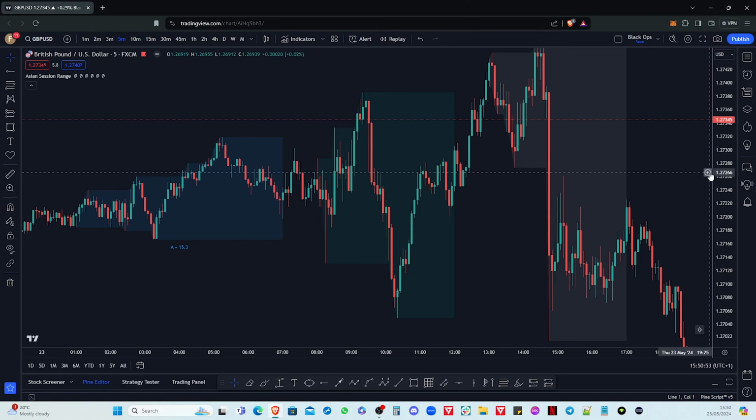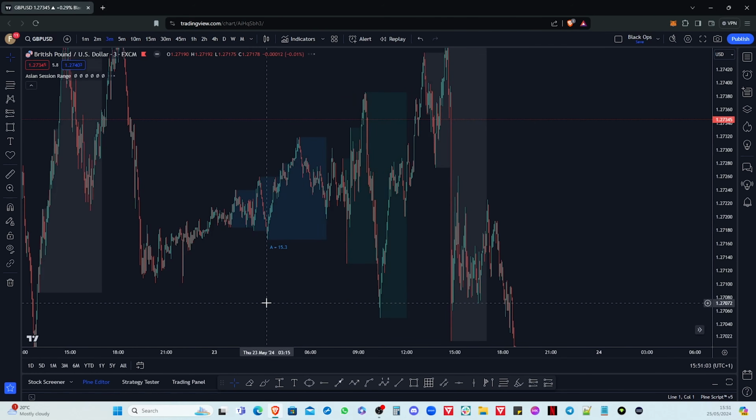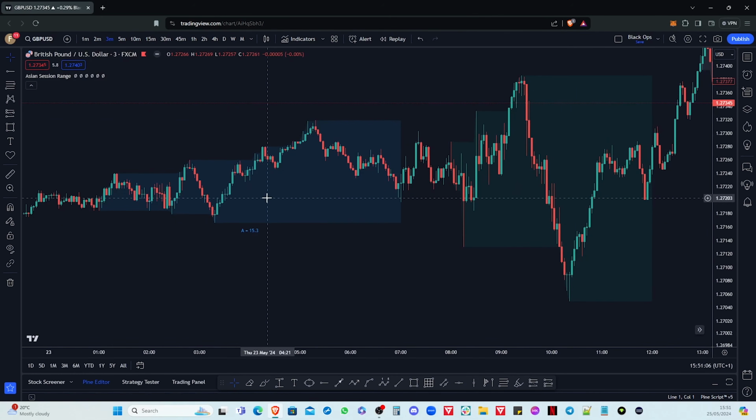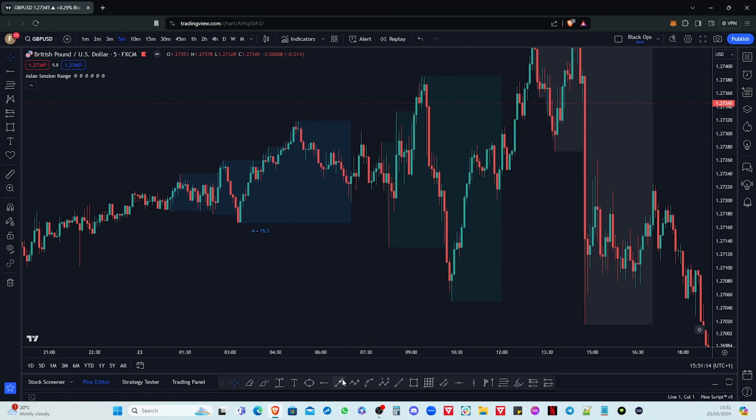Some of you will be looking at it as, oh, price is moving down. We've tapped into, let's say, something over here. On the lower time frames there is likely to be some sort of order block. Let's have a look. Yeah, you're probably drawing out this one here or something here. And then you're like, okay, price moves up. We've taken this high. Price comes down.